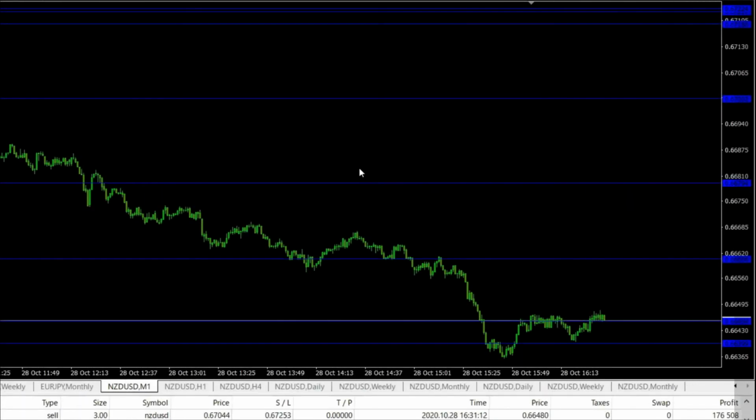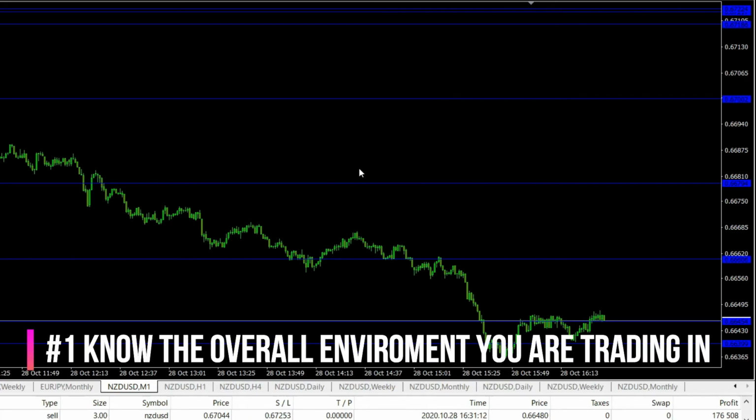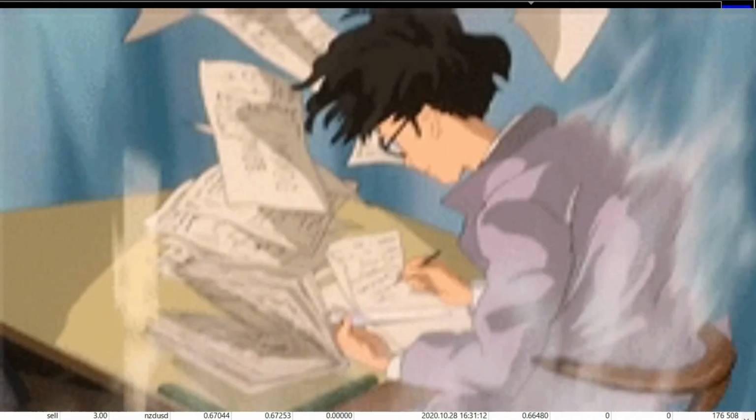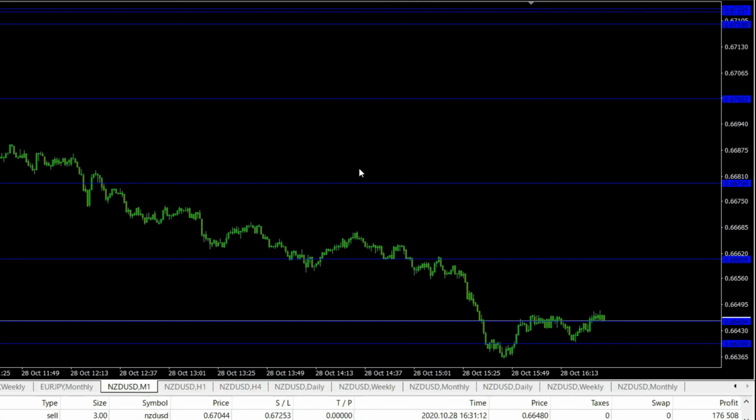The key points of this trade that I believe can help the beginner trader are: Number 1, know the overall environment that you're trading in. I'm not implying you should study macroeconomics or keep the news running all day. Just the major events will do.